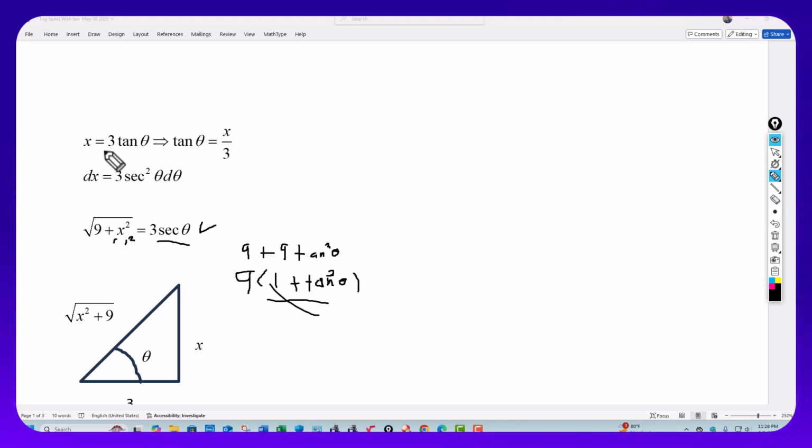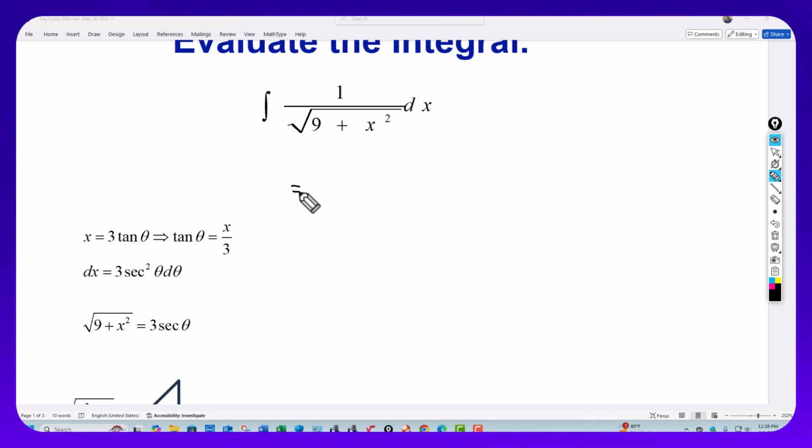So in the integral, I'm going to replace dx by 3 secant squared theta d theta, and the radical in the denominator by 3 secant theta.